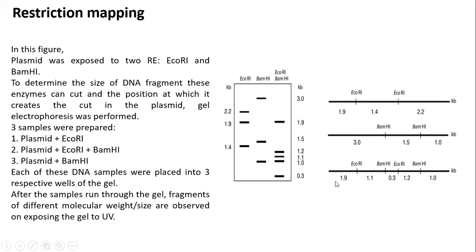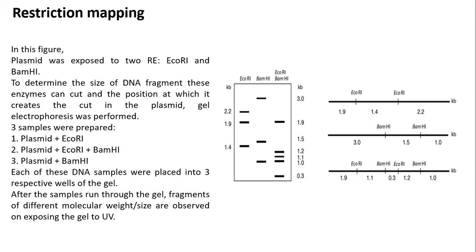And these 5 fragments here show how you map them, what the sizes might be. So this is the BamH1 3 kb band, and this 3 kb band is actually cut by one of the EcoR1 sites, which gives 1.9 and 1.1 kb bands.